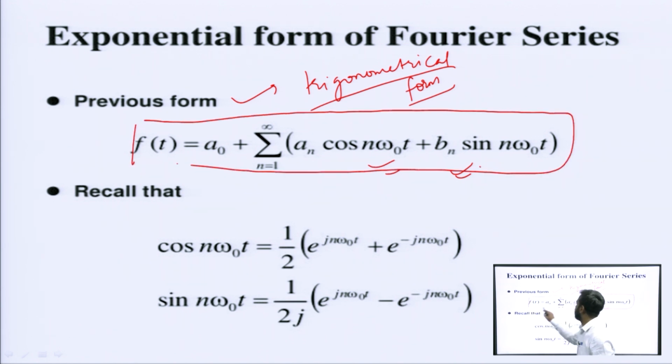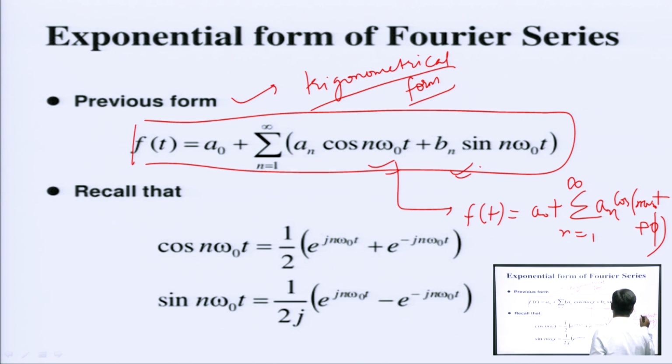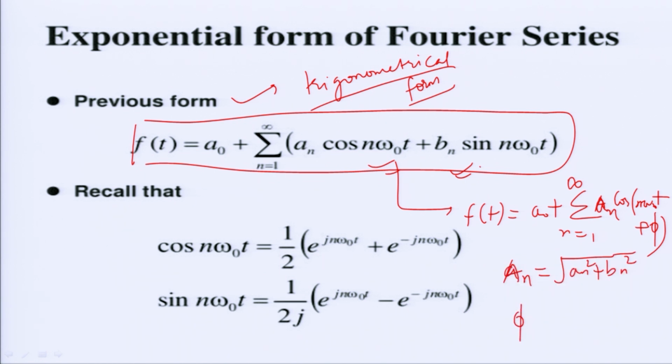We have also seen in the last lecture how we represented this function itself in this form: a naught plus summation n equal to 1 to infinity of capital A n cos(n omega naught t plus phi), where A n was the square root of a n square plus b n square, and phi was equal to tan inverse of b by a.